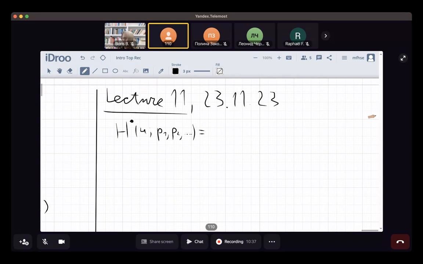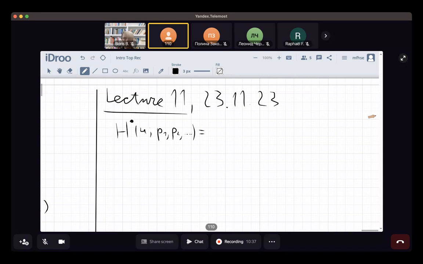Then we write h disconnected m mu over automorphisms of mu, and then u to the power m over m factorial, and then p mu.